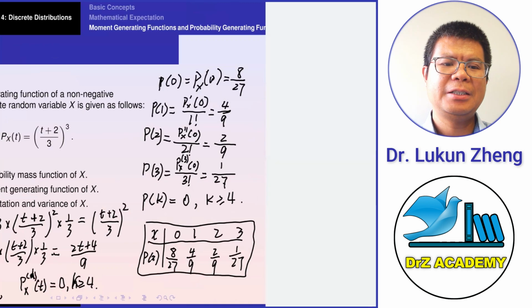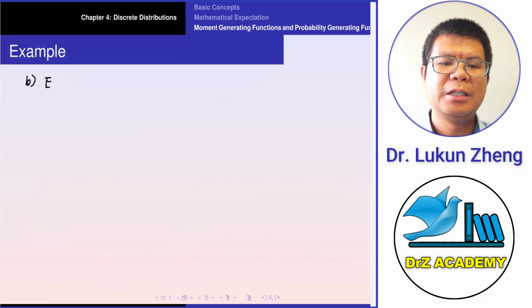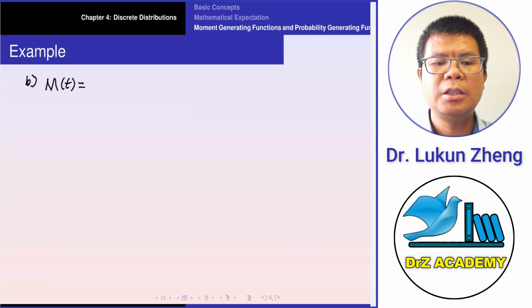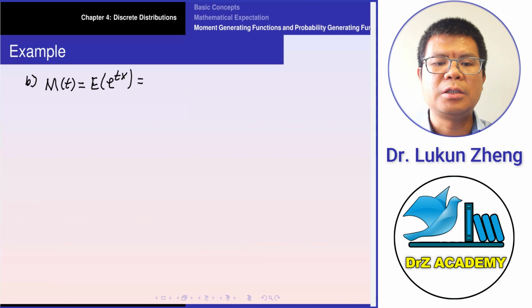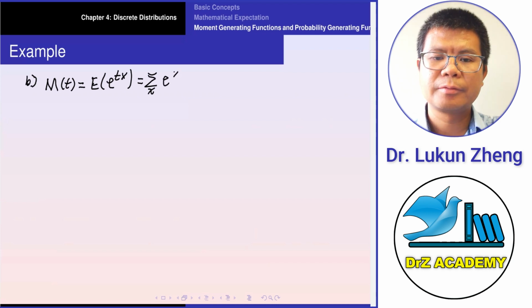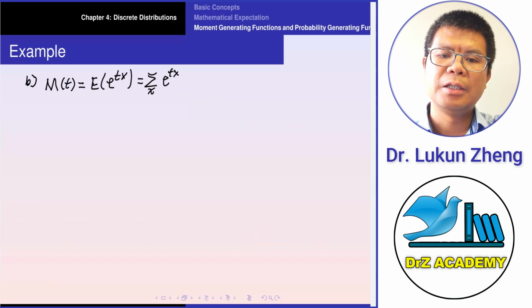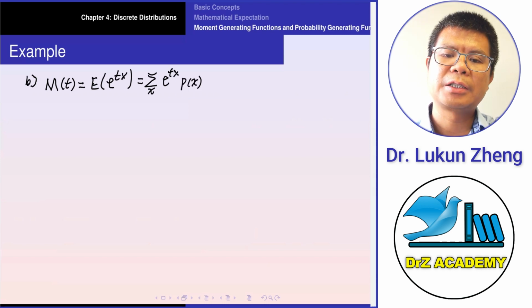Yes, we can do that. So M_X of t equals the expectation of e to the power tX, which equals the summation over x of e to the power tx times p of x.